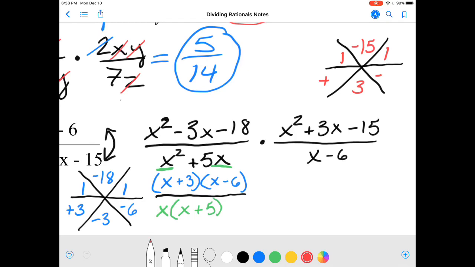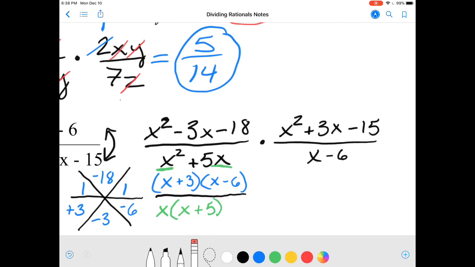I'm hoping none of you said yes, because I just caught a big mistake I made while writing this problem. And I apologize. Instead of a positive 3x, that really should be a 2.